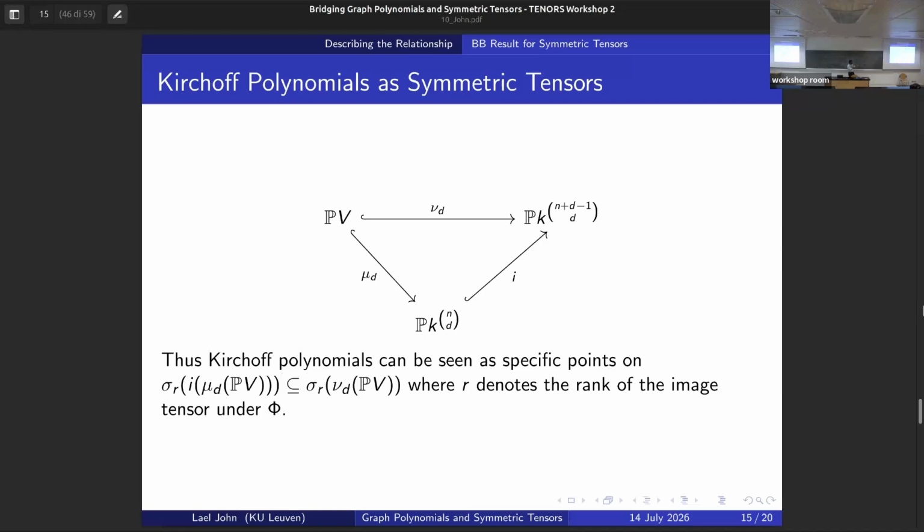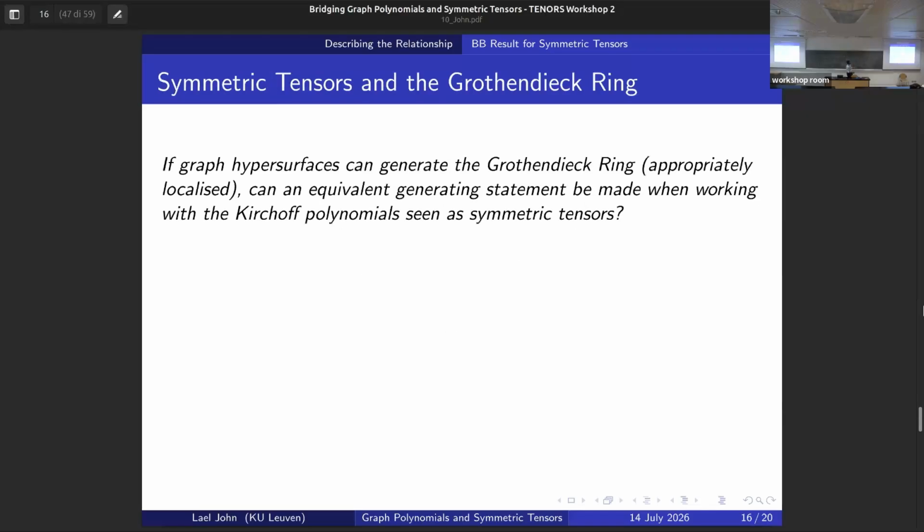So I do have now a geometric picture of where these polynomials can lie when I look at them close to the Veronese variety. My next question is, if graph hypersurfaces can generate the Grothendieck ring localized, can I look at these images close to the Veronese variety? Can they also generate all possible symmetric tensors?